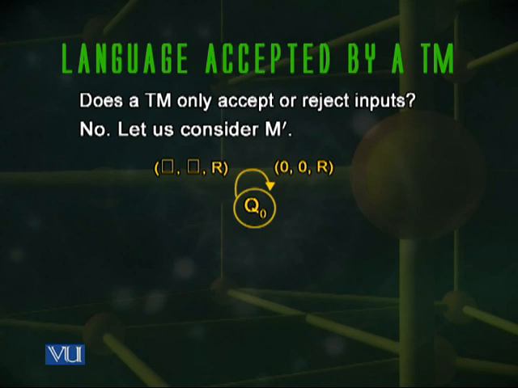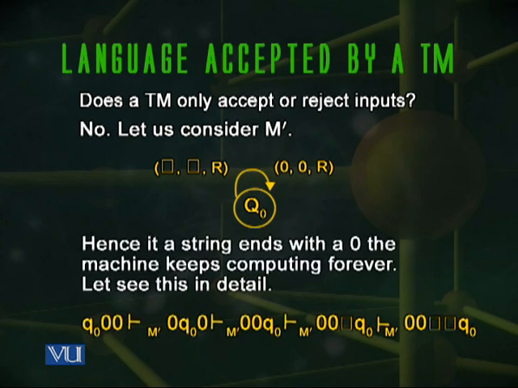Let us first look at the state diagram of this Turing machine. As you can see, it almost looks like the same diagram as before, except for one simple change. Let us see what this Turing machine will do if I were to simply give it the input 0. The machine will be in the state Q0, it will read a 0 and move to the right.